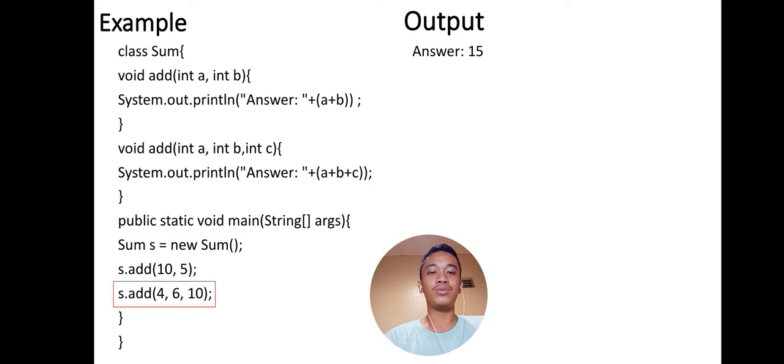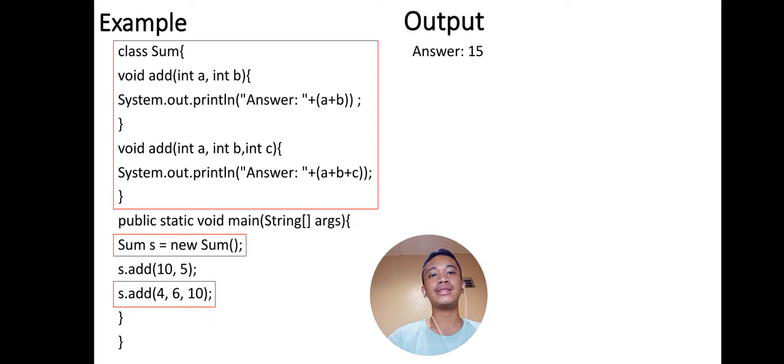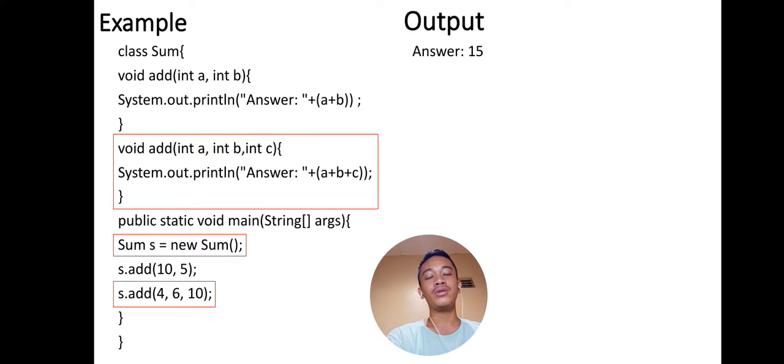So next, it will read s.add with the three parameter values of 4, 6, and 10. So obviously, we have three parameters. So I mean, the second method will be accessed. But before that, it will call sum s equals new sum and will trigger our class sum. So we will now access our second method with three parameters.